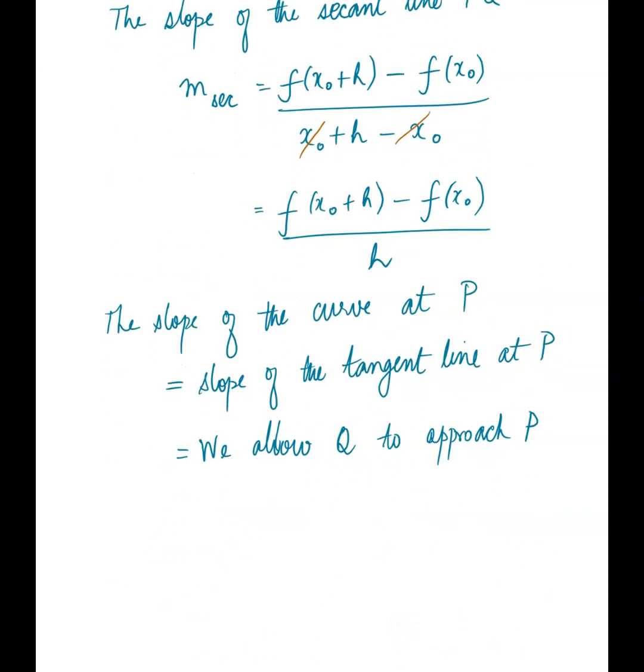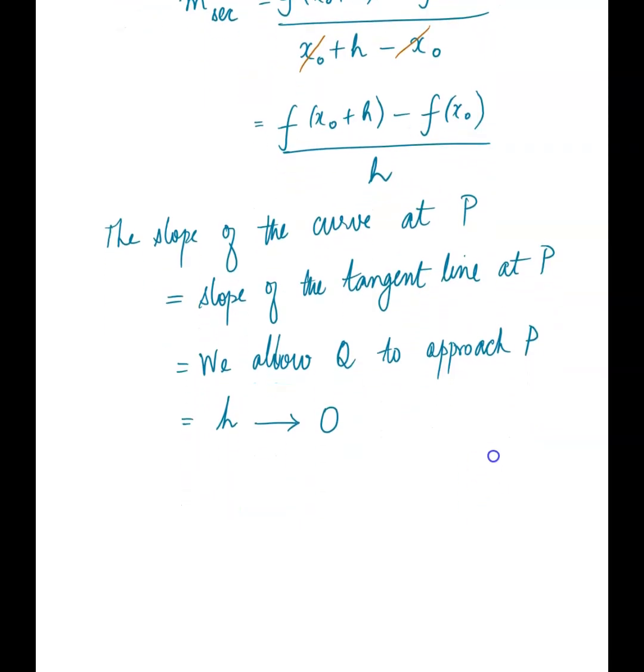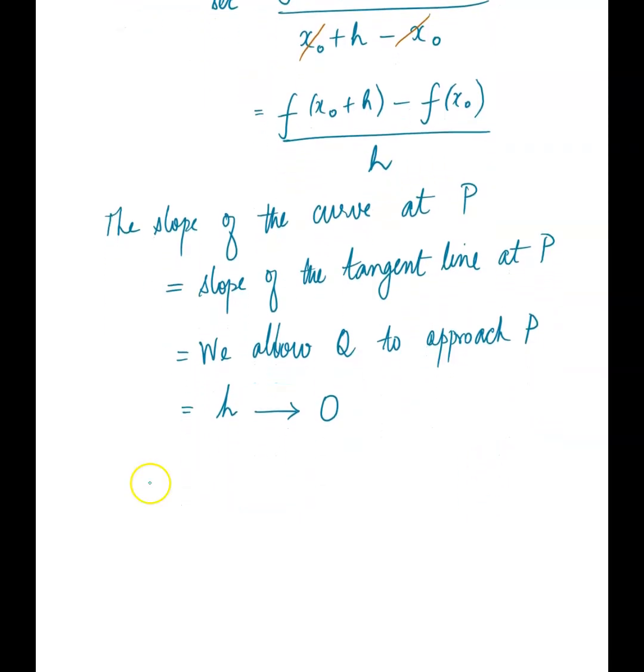So we must allow h to approach 0. And we know that the notation for that is h approaches 0, right? Now we are able to define slope of the curve at P using the limit notation.